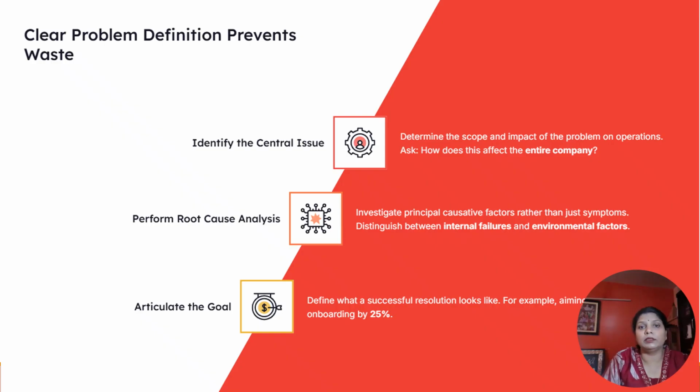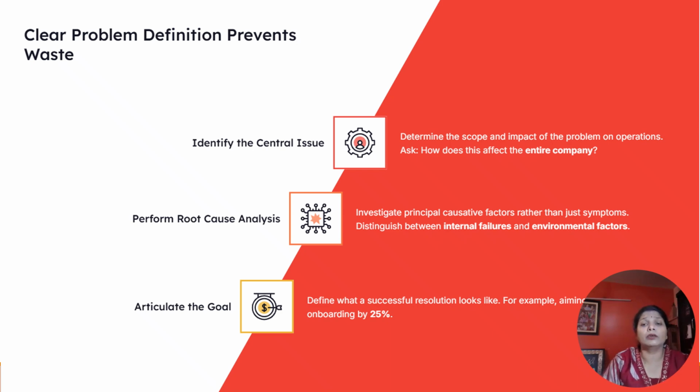Instead of focusing on visible symptoms, the objective is to investigate the underlying cause of the problem, why it has happened. At this stage, it is important to distinguish between internal failures such as process inefficiency and environmental factors such as market or regulatory changes, government policies, competitors' moves, and changes in customers' preferences. So these are a few external factors.